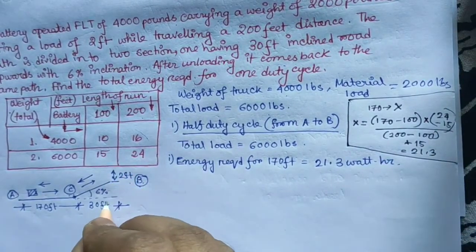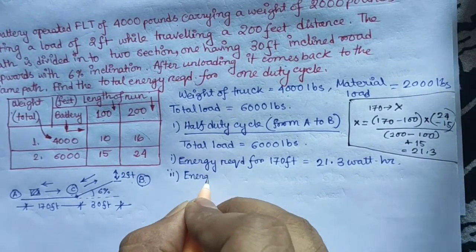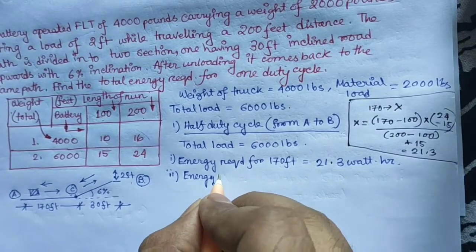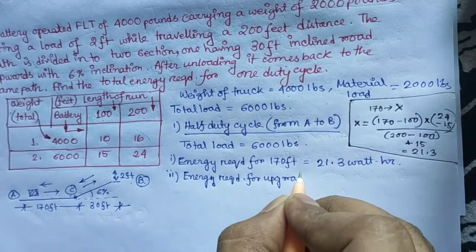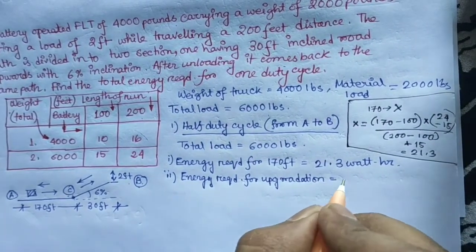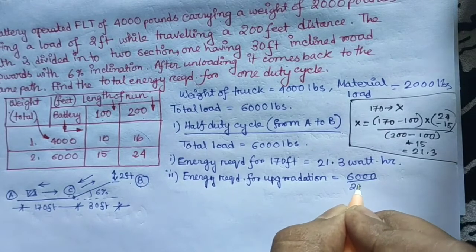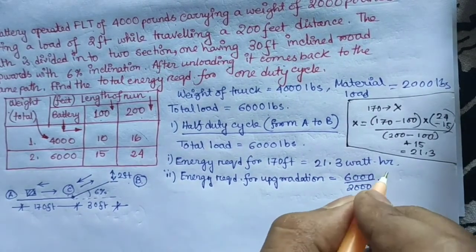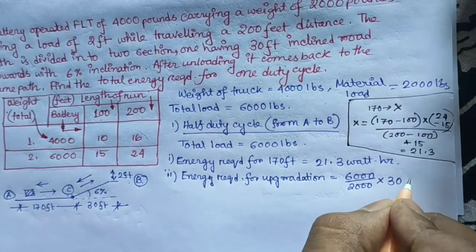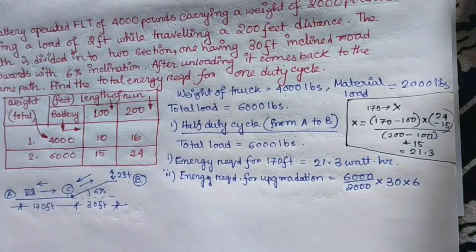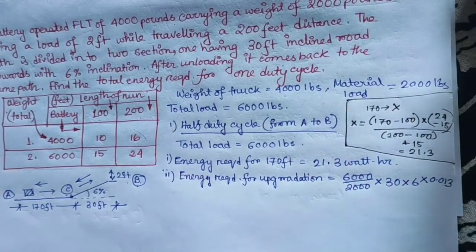Now the next thing, for the rest of 30 feet, energy required for upgradation, that is equal to 6000, that is total load, by material load 2000 into 30, the distance of inclination, into percentage of inclination into 0.013, which is constant term.